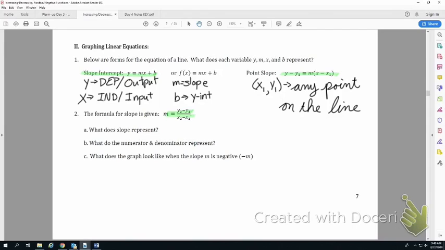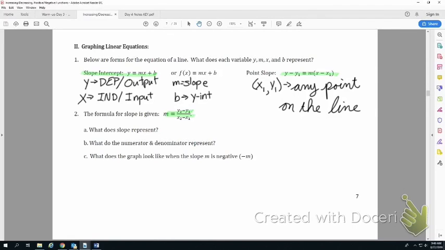So going down to the actual slope formula, y2 minus y1 over x2 minus x1, what does the slope represent? Or what's another word for slope? Okay, there's that, and we'll put that on there in just a second.